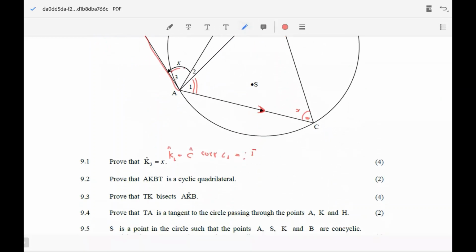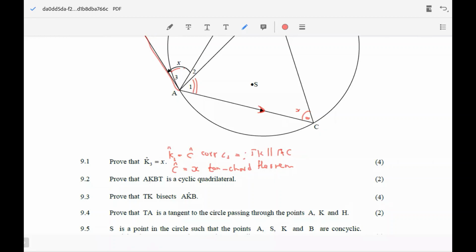So because TK is parallel to AC, but then C is equal to X, which is A3. And the reason here is tan chord theorem. So if K3 equals C and C equals X, definitely K3 would equal X. So that's it.